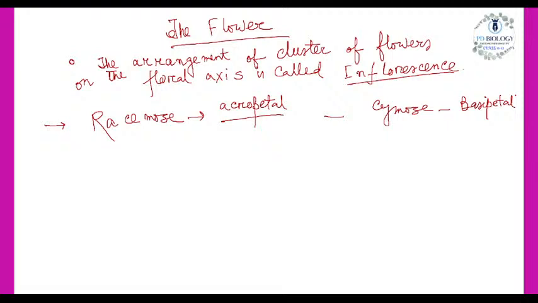What are the four prime parts of a flower? We also read this type of question in our junior classes. They are the calyx, the corolla, the androecium, and the gynoecium.